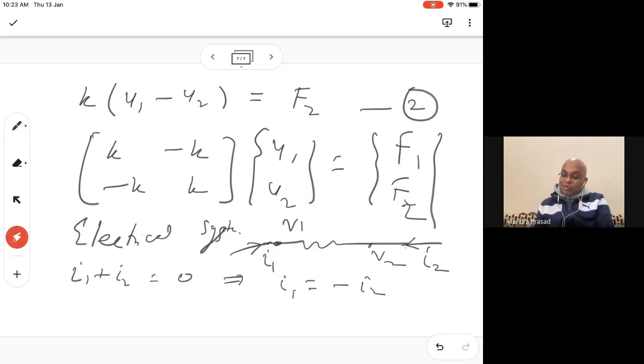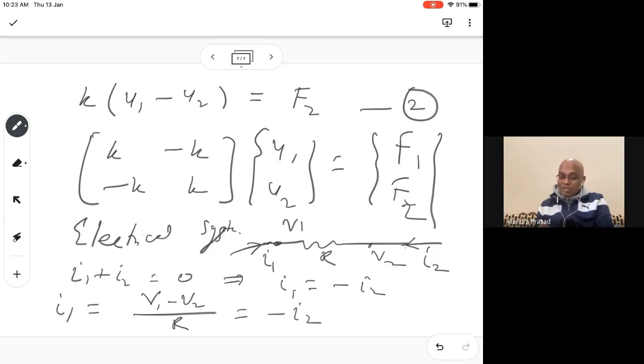Second thing is V1 minus V2 over R equal to I1. So I1 equal to V1 minus V2 over R, which is equal to minus I2, because I1 equal to minus I2.